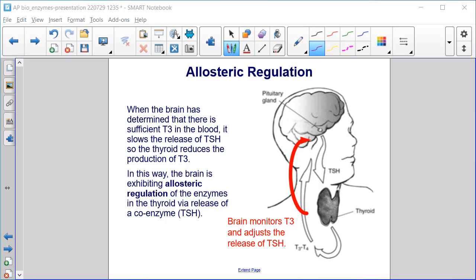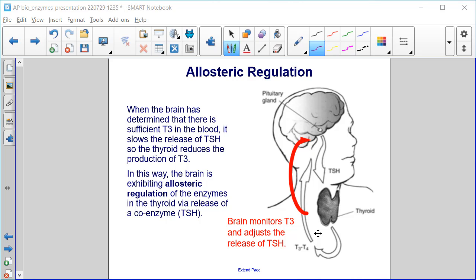When the brain has determined that there is sufficient T3 in the blood, it slows the release of TSH, so the thyroid reduces the production of T3. So the brain is monitoring this production of T3 and adjusts the release of TSH accordingly.